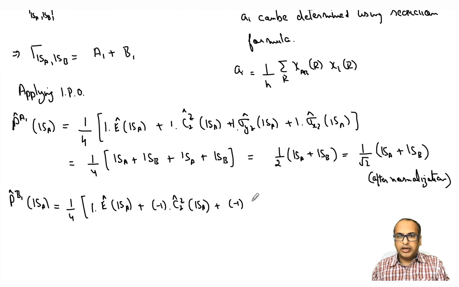So the idea is that you will get a linear combination. We'll see what linear combination. So we'll have, this will be XZ, right? Yeah. So sigma XZ 1SA plus 1 sigma YZ 1SA.